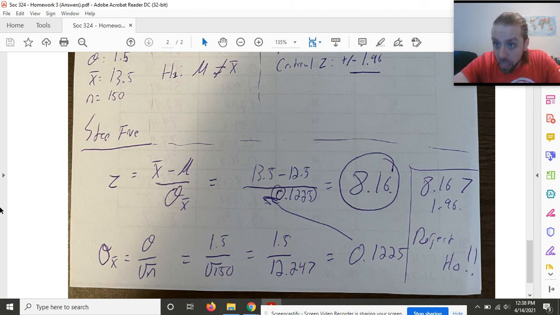As we decline in confidence, going from 99 to 95 to 90, the confidence interval will tighten because we're giving ourselves more of a chance of making a mistake. So hopefully we all got that.